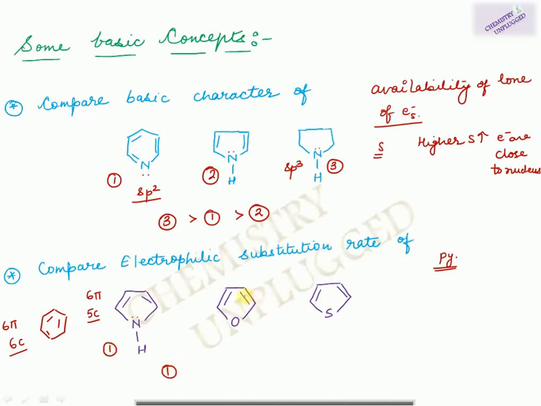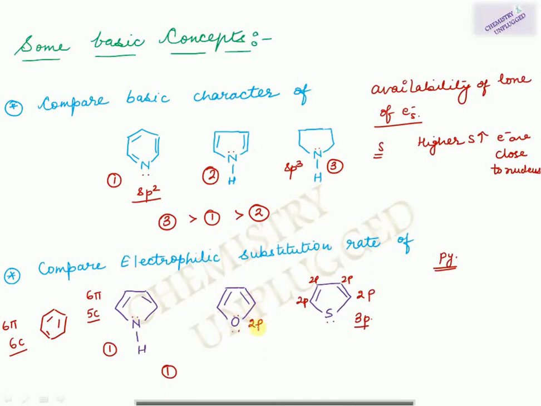Next I want to compare furan and thiophene. In case of thiophene we have sulfur and the lone pair of electrons is present in a 3p orbital, while these carbon orbitals are 2p, which are part of the delocalization. While in case of furan, the lone pair of electrons of oxygen is present in 2p.